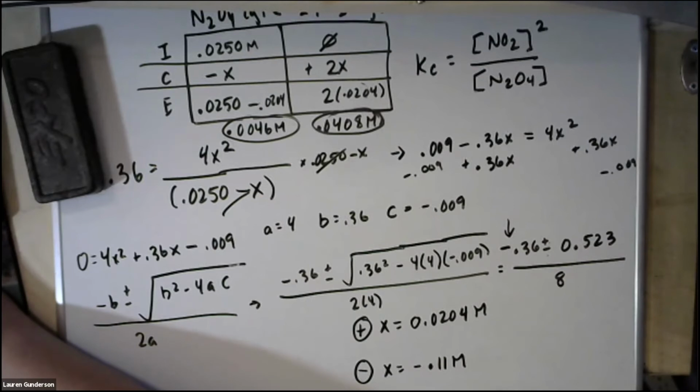All right. What are we going to look at now? Now we're going to look at, what's this saying? Finding equilibrium partial pressures, when you're given the equilibrium constant and initial partial pressures. Sounds very exciting. All right, so take a look at this.